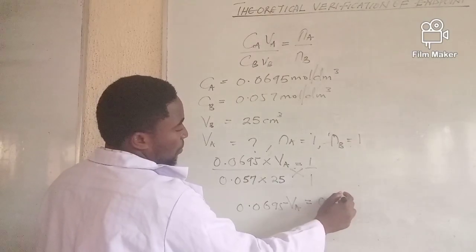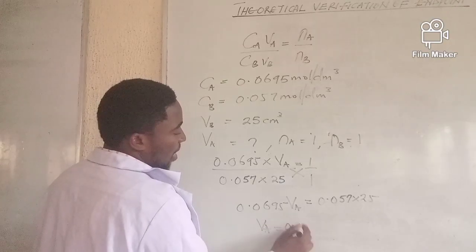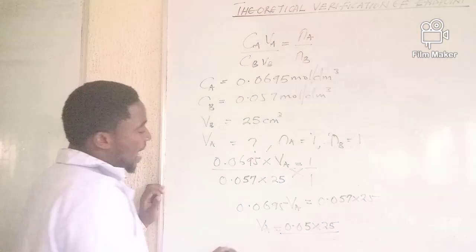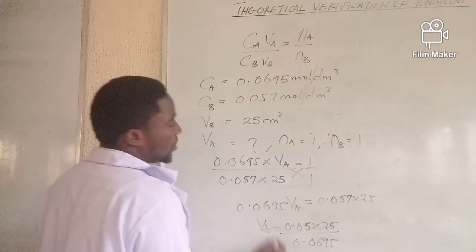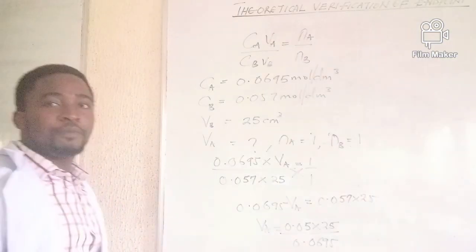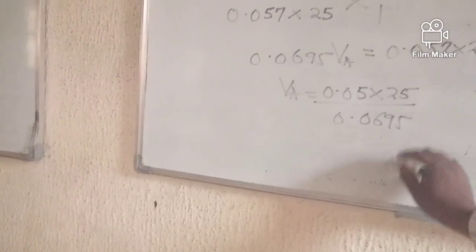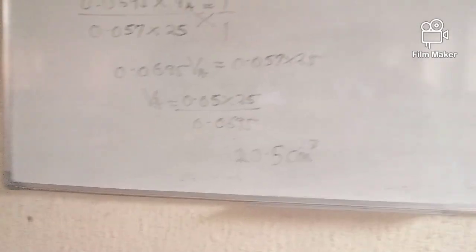times 0.057 times 25. So I should be able to make VA the subject, and I have 0.057 times 25 divided by 0.0695. When I carry out this division now, I will be getting 20.5 cm cube.